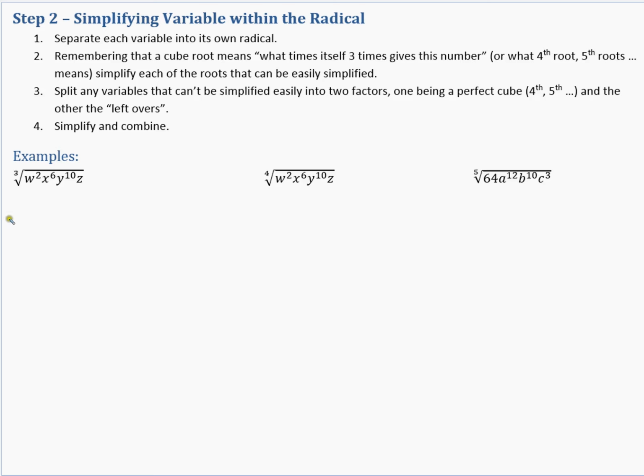So we're going to write this as the cubed root of w squared times the cubed root of x to the 6th times the cubed root of y to the 10th times the cubed root of z.